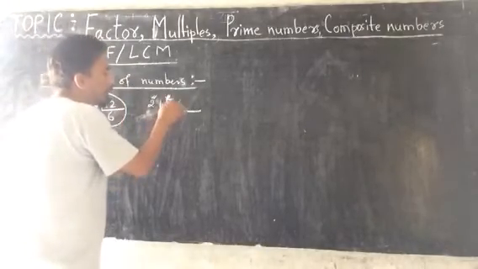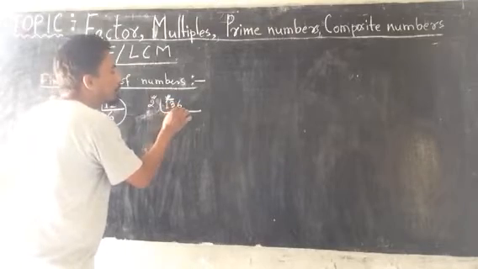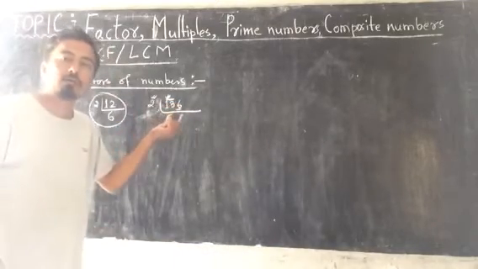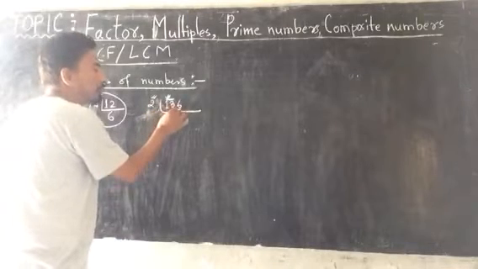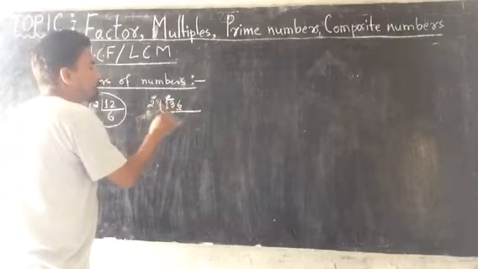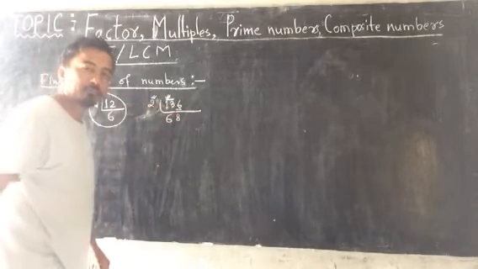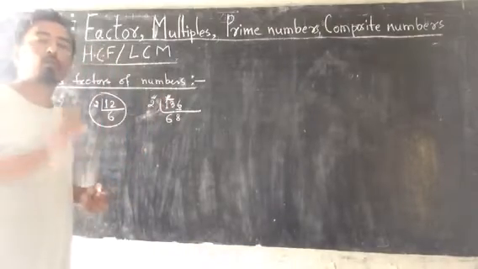If you carry 1 here, then this 6 is already here, so it becomes 16. This 16 is divided by 2, 8 times, since 2 8s are 16. This is how we divide any number orally.